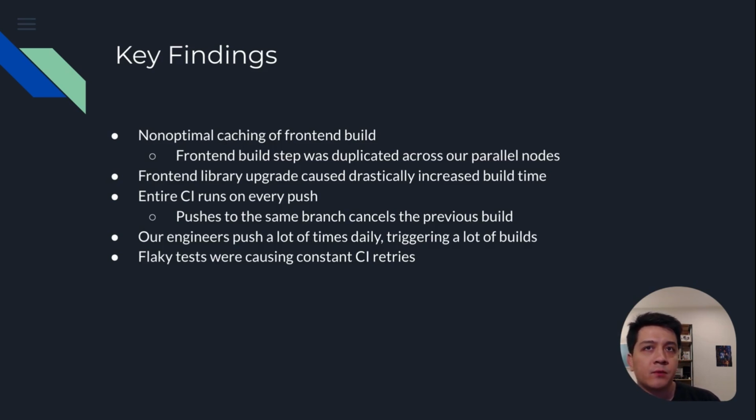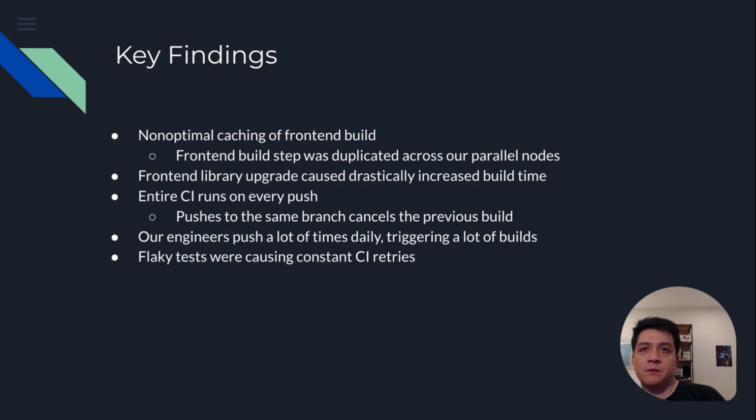Another key finding, we found that a front-end library upgrade a couple months before our investigation drastically increased build time. This was a bit hard to pinpoint. We had to basically trace the commit history to try to find the commit that caused an increase in the front-end build time.